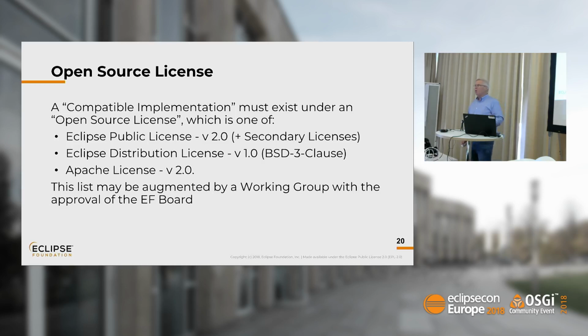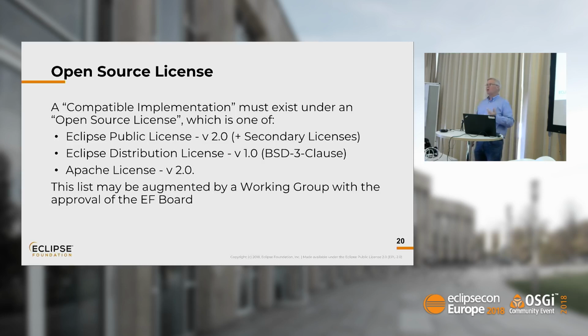So what do we mean by an open source license? There's three: EPL 2.0 and only 2.0, the BSD 3-clause, and Apache. Those are the three choices. In the Eclipse Foundation Specification Process, it says that other licenses can be added at the request of that working group, and that would also have to be approved by the board of directors.